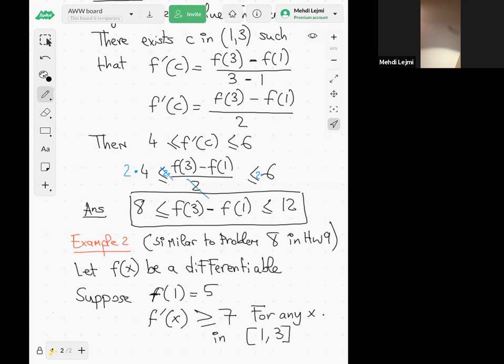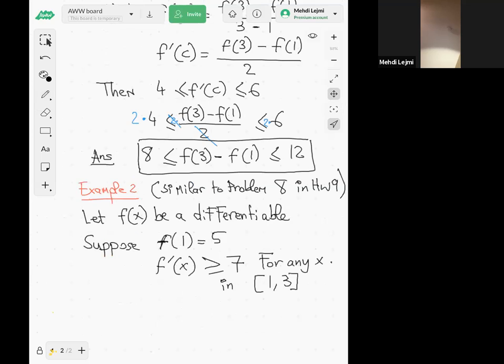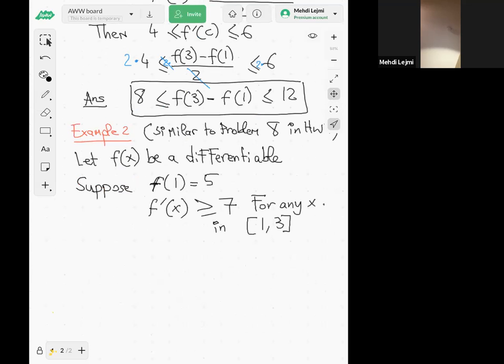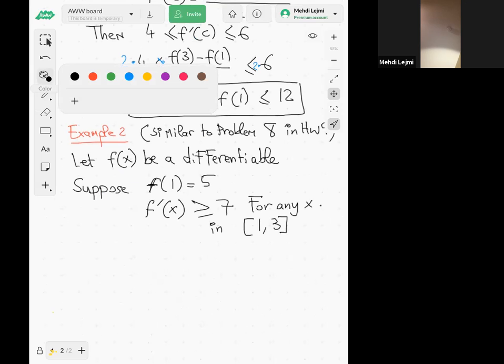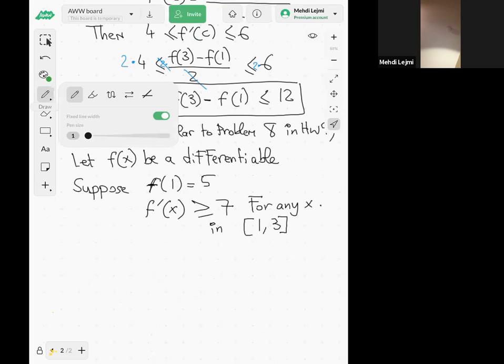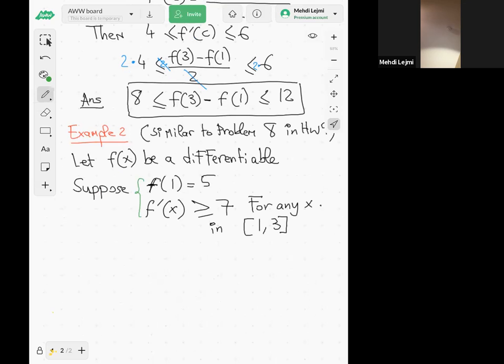All right, so we have two hypotheses. We have this function f, and you know that f of 1 is 5. And you know that f prime of x is always larger or equal to 7. So the slope of your tangent lines to f of x for any x between 1 and 3 would always be larger or equal to 7.